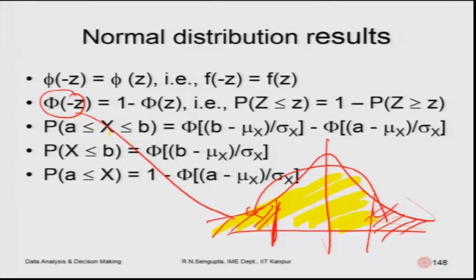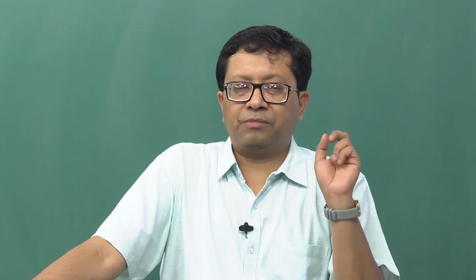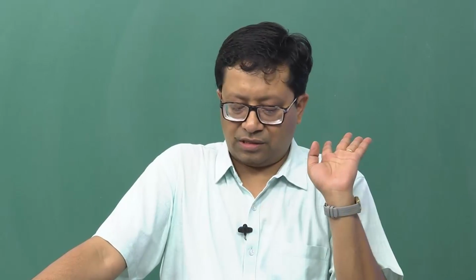Probability of a being less than x and x being less than b. So, obviously, when you do the transformation in the standard normal case, x becomes z. The corresponding value of a would now become a minus mu x divided by the standard deviation of x, and b would become b minus mu x divided by the standard deviation of x.